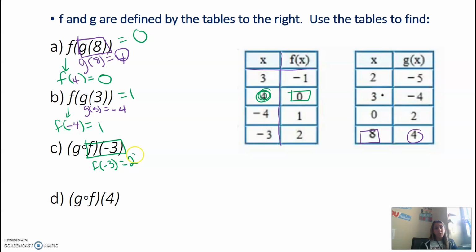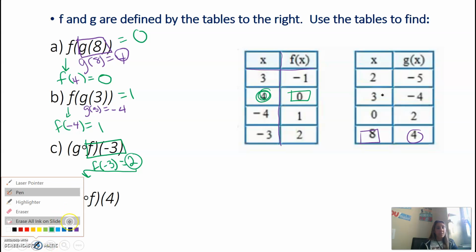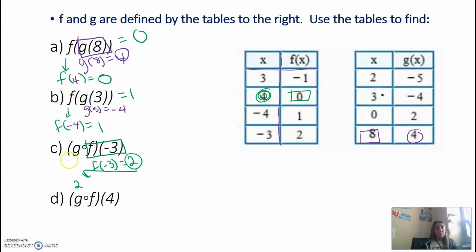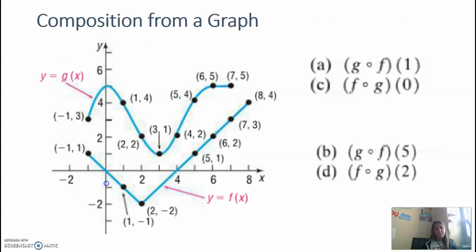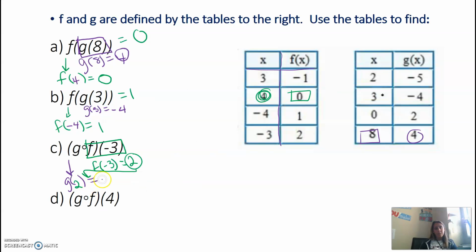That 2 goes inside of G. I'll just write it right here, and we bring the G down. We get G of 2, and G of 2 is negative 5. So this equals negative 5.